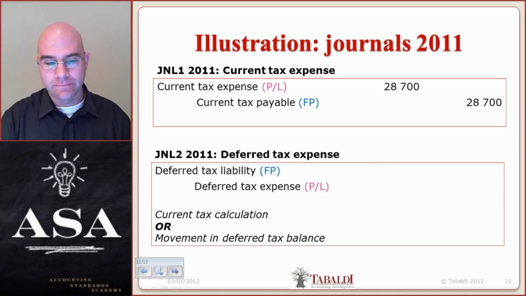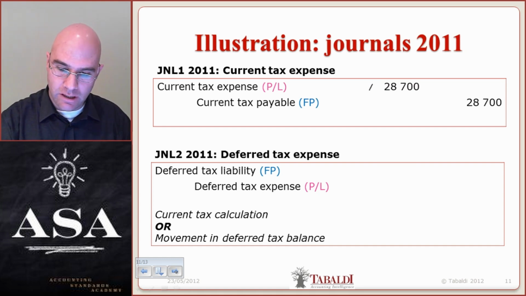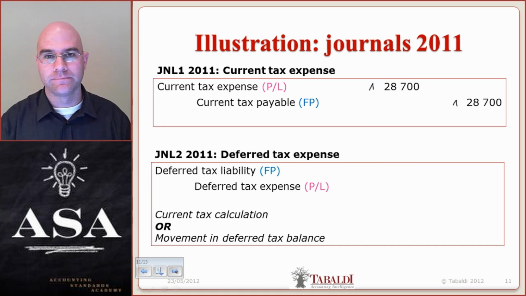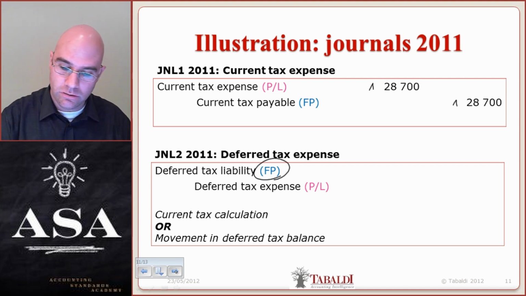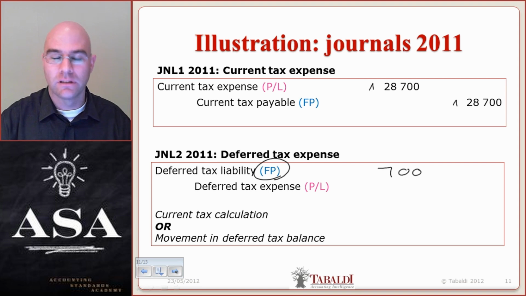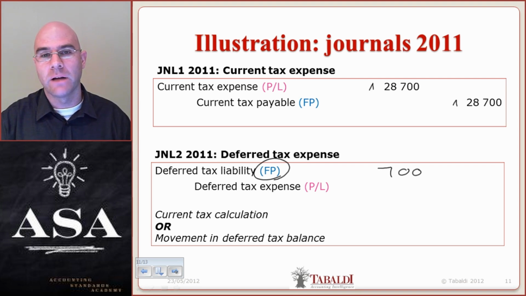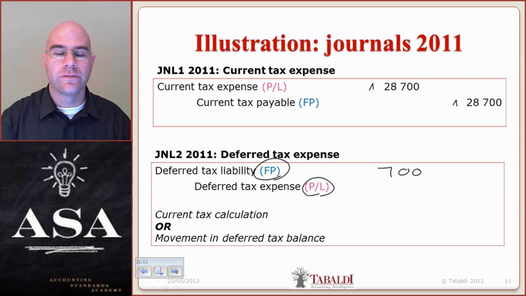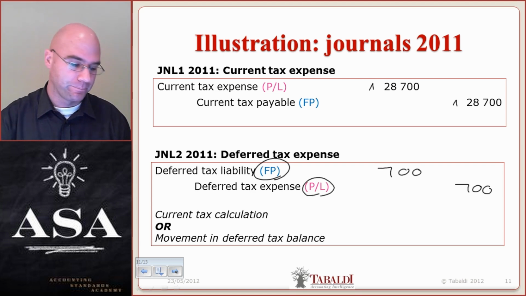In 2011, the current tax was based on the increased taxable income. And the deferred tax expense, well, here we reversed out that deferred tax liability, so I needed to debit the liability. I make a liability smaller by debiting it, and the other side goes to deferred tax expense, profit and loss, a credit, an income.